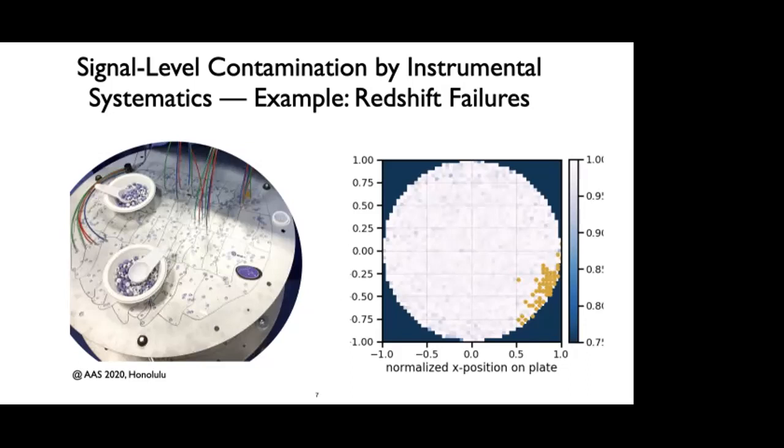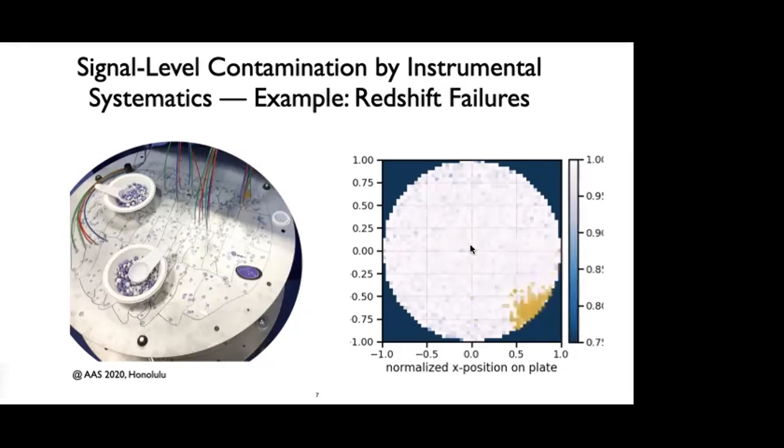Here on the left, I show a photo of the BOSS plate, which I took during the BOSS meeting. In this photo, we see not only the BOSS aluminum plate, but also the fibers that were plugged into the holes of the plate, and also the tasty SDSS M&Ms chocolate. Here on the right, it shows the focal plane indicated by the circles.